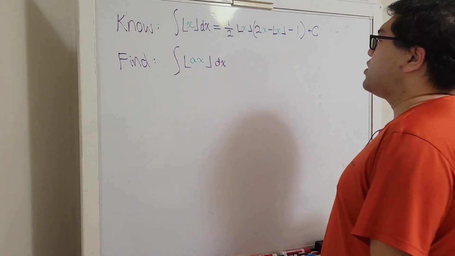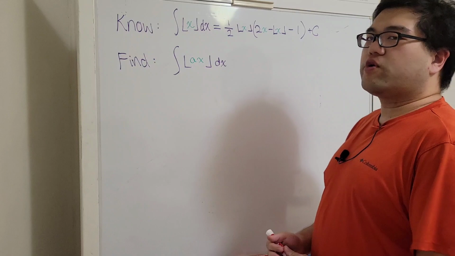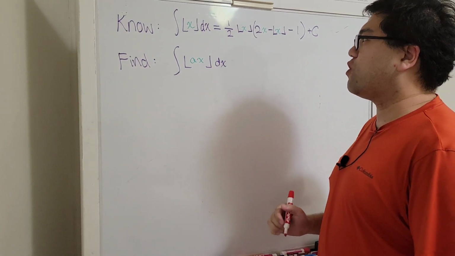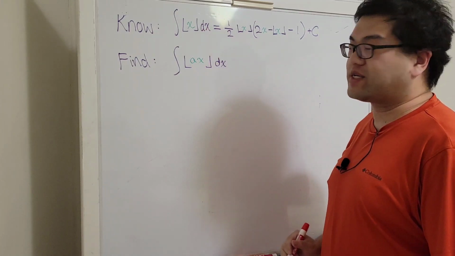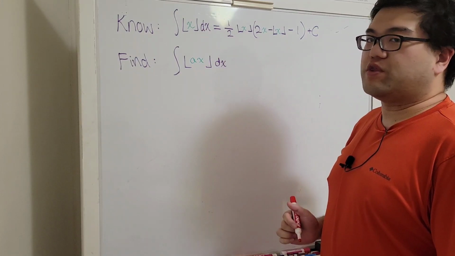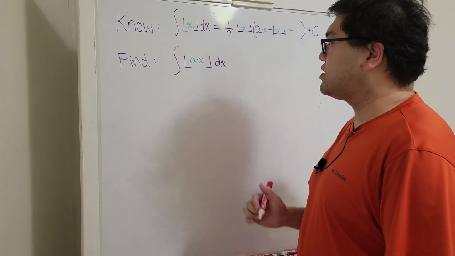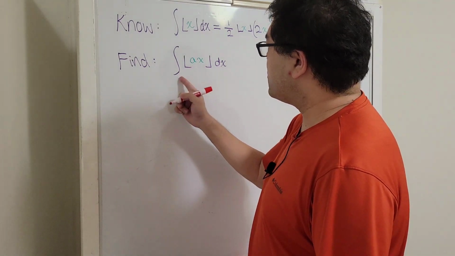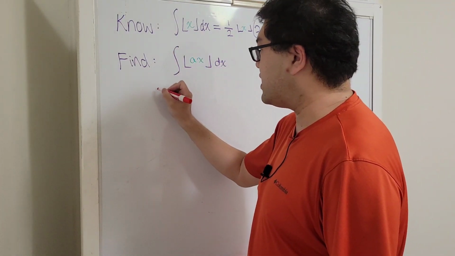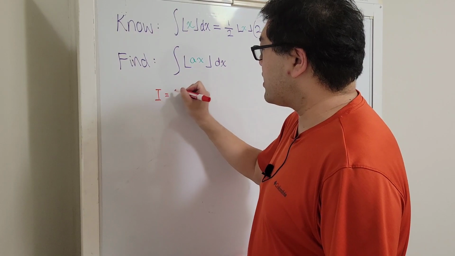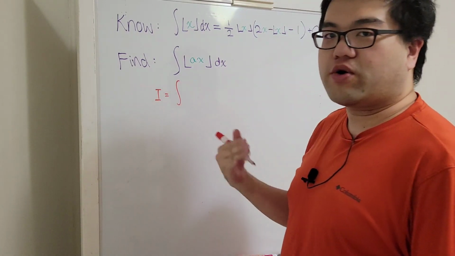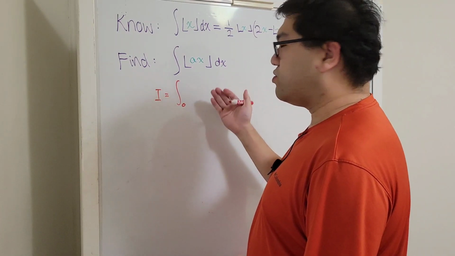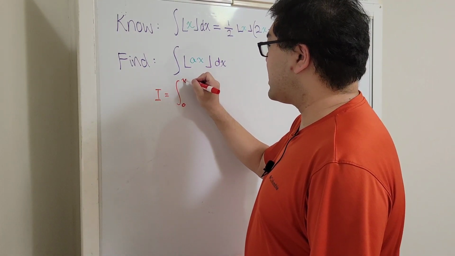All right, so what we're going to do is use the same trick that we used to find the integral of the floor function with, of course, x inside, by using the fundamental theorem of calculus part 2, which says that we can rewrite this antiderivative as an integral, where we now have a definite integral from 0 to some value, in this case x.